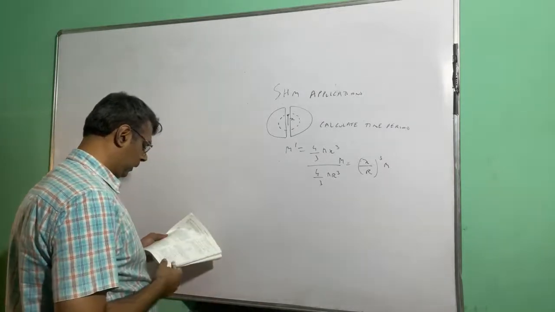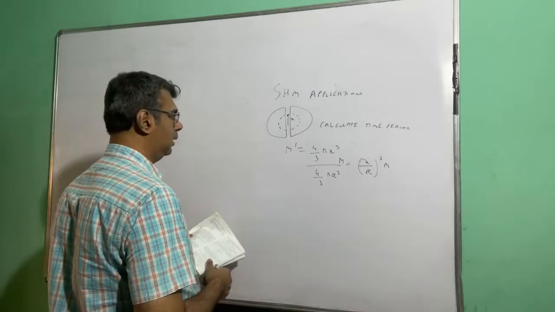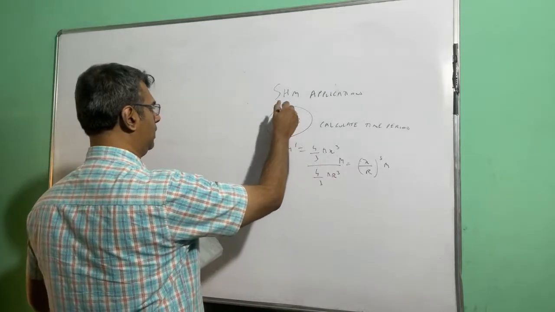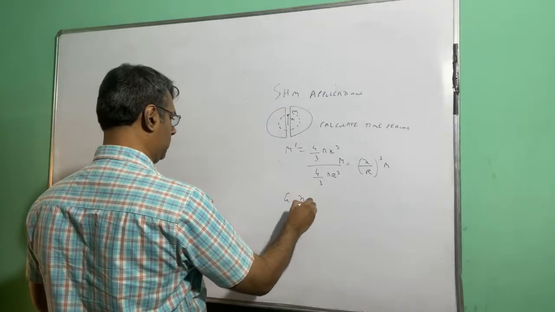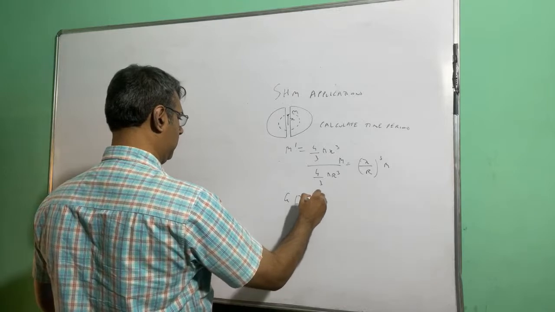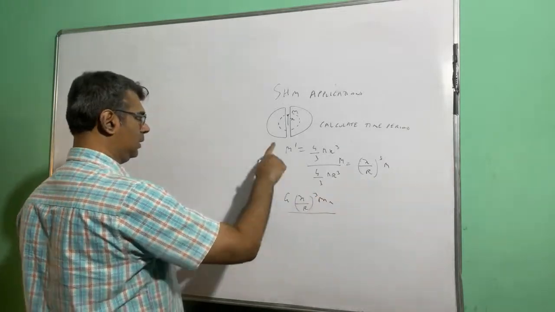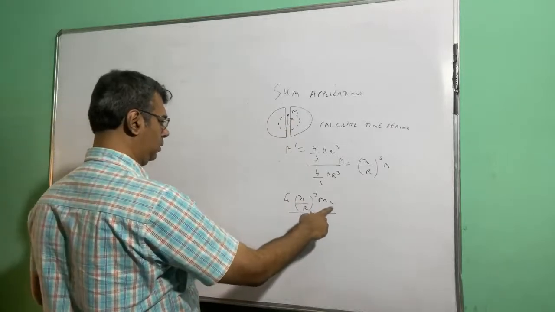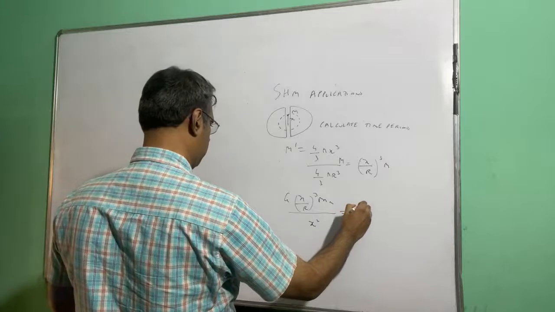Now this will have a gravitational attraction on the particle. Suppose the particle's mass is m. So the gravitational attraction will be G into the mass of the dotted sphere into the mass of the particle divided by x square.